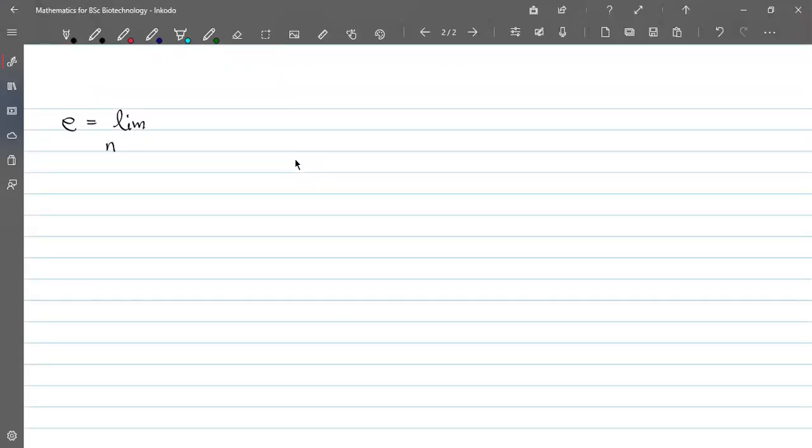So let me rewrite that here. What we have defined is E is defined to be this limit.